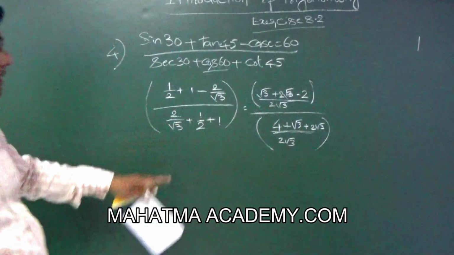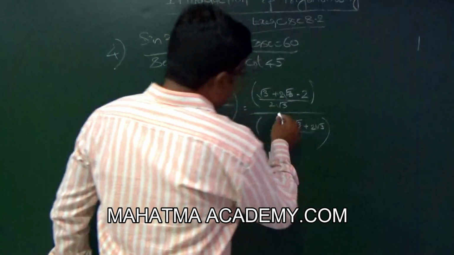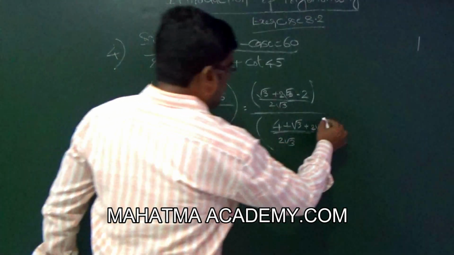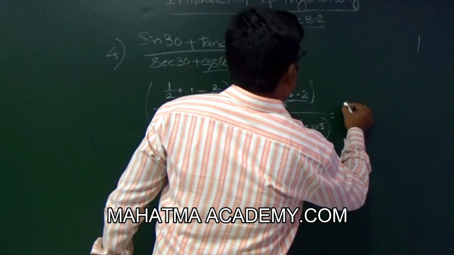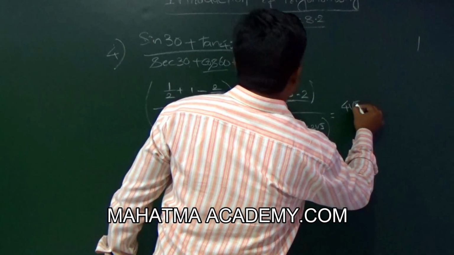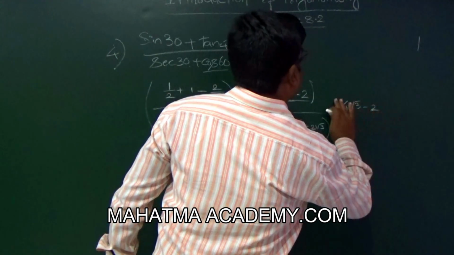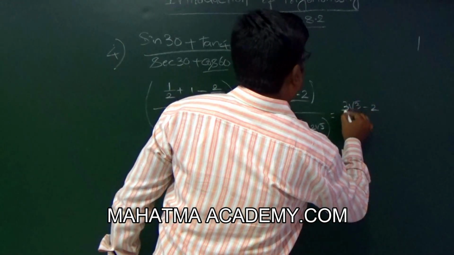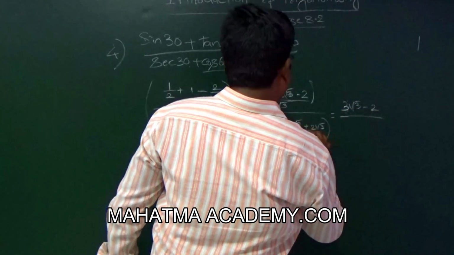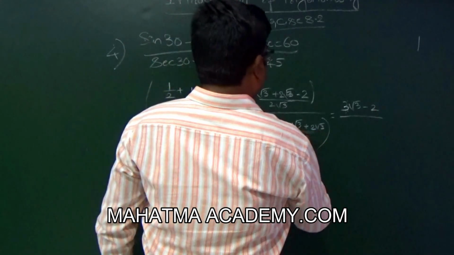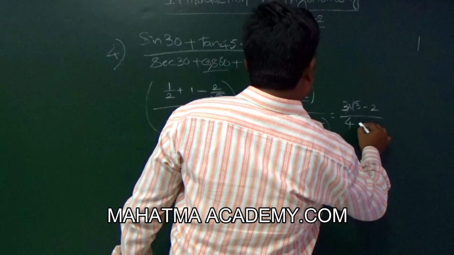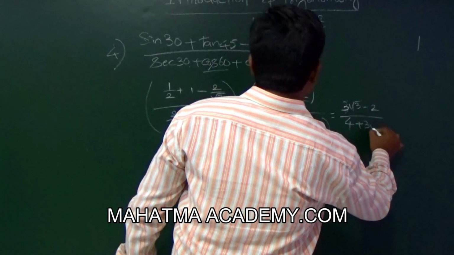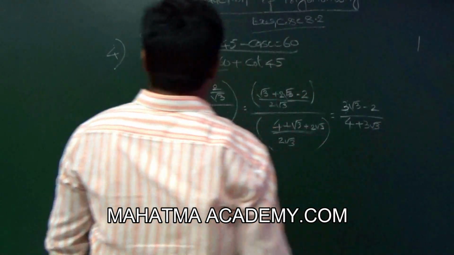We are simplifying. This 2 root 3 and this 2 root 3 cancel. The result is 3 root 3 minus 2 upon 4 plus 3 root 3.